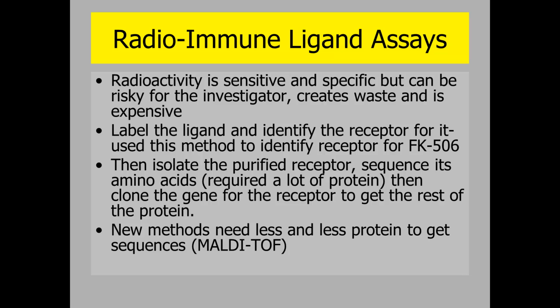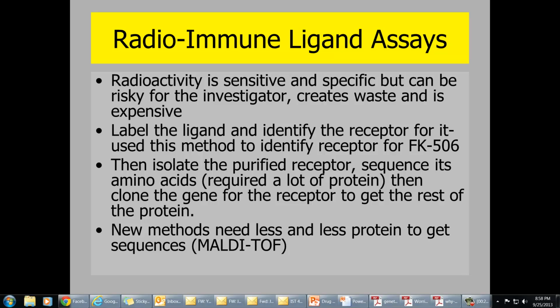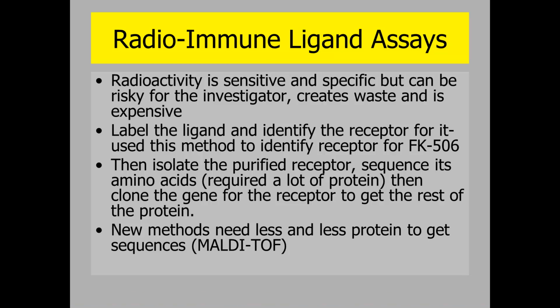So it's a good idea to be able to identify specific proteins that are important in determining the tumor or the tissue that you're seeking to develop a drug for. Doesn't need to be a tumor.